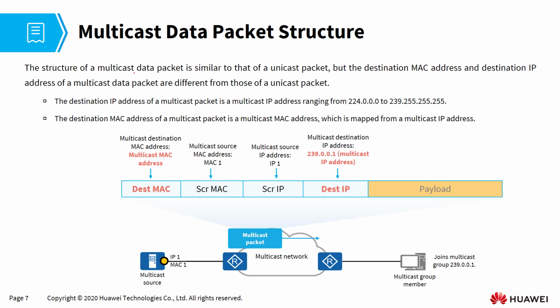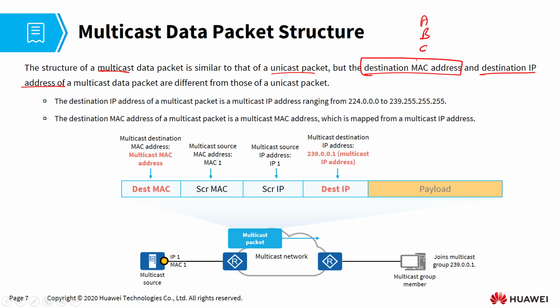The data packet structure of multicast traffic is really similar to that of Unicast. However, the destination MAC address and the destination IP address of multicast data packets are different from those of Unicast. Because in a Unicast data packet, the destination IP is going to be a Class A, Class B or Class C address, typical addresses used for Unicast transmission.